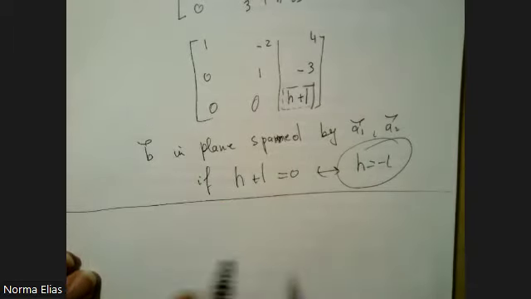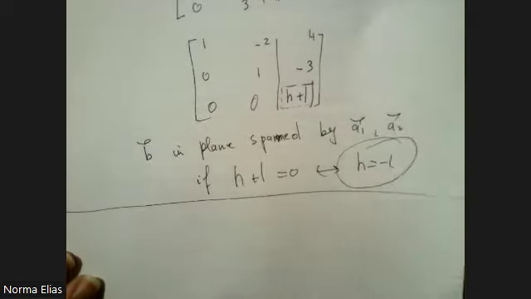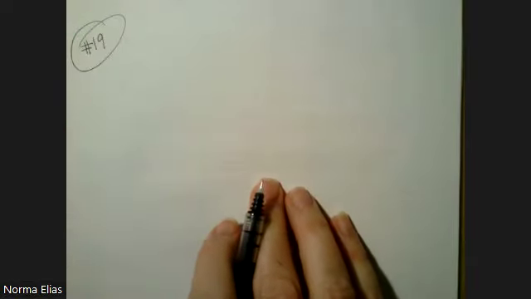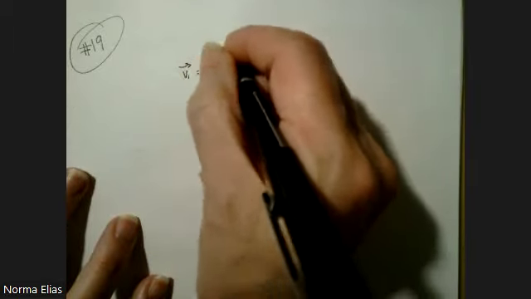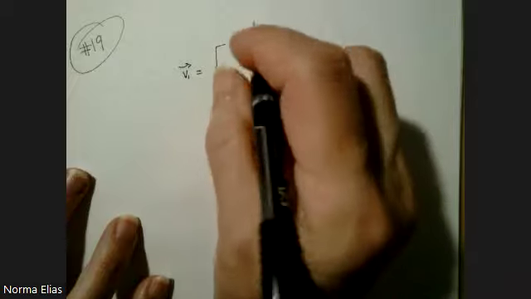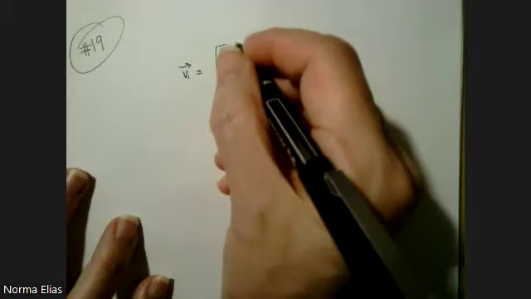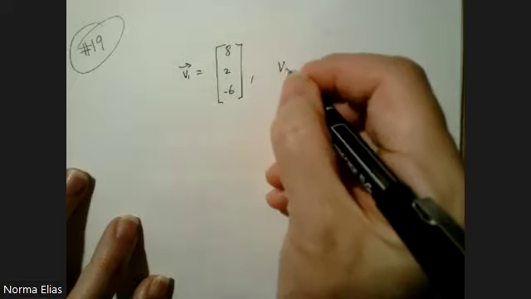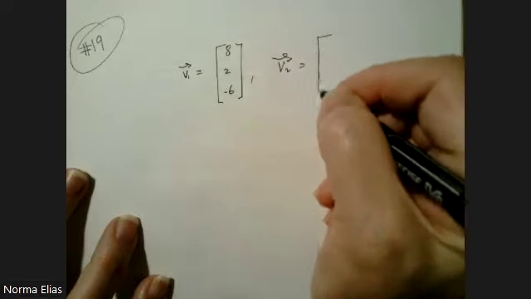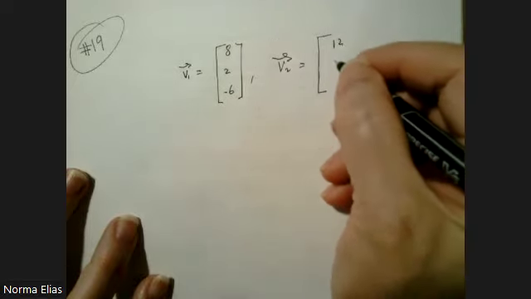Okay, question number 2. Please, if I move the paper fast, let me know. So now I will look at number 19, and then I will move on. Give a geometric description. So we have two vectors, V1, which is 8, 2, minus 6, and V2, which is 12, 3, minus 9.